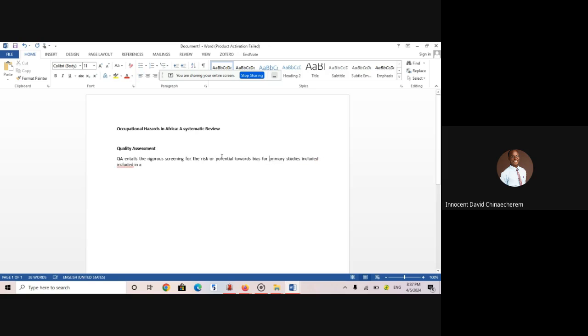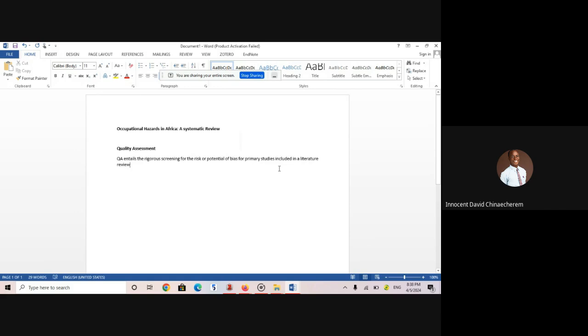So this is just like a layman explanation of QA. QA is the rigorous screening for the risk or potential of bias toward the studies included in a systematic review, in a literature.